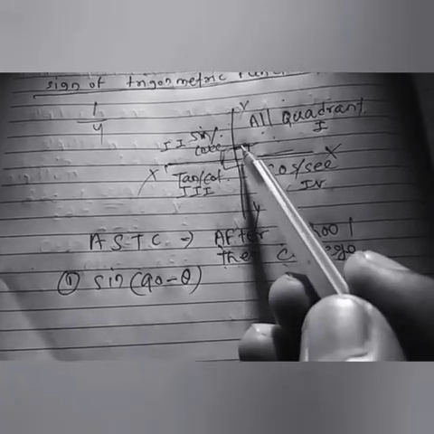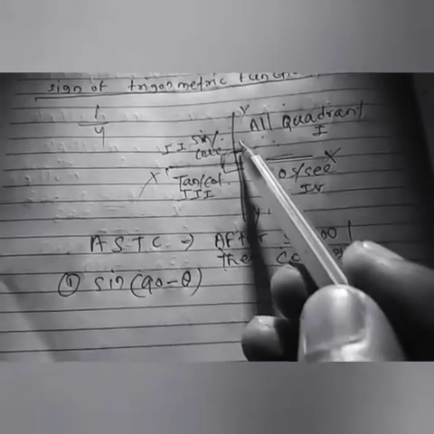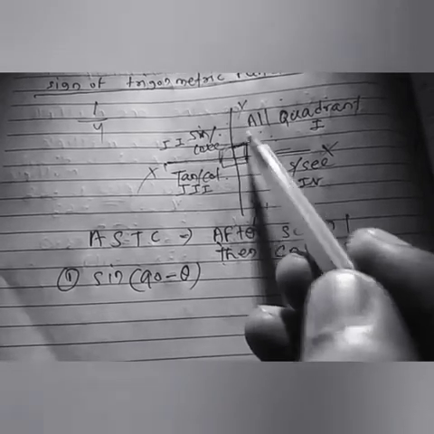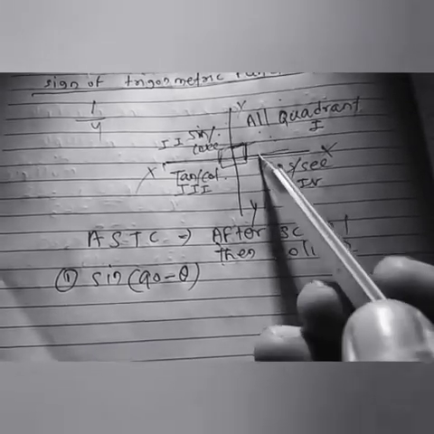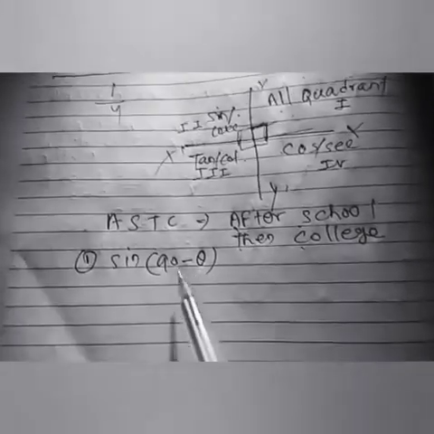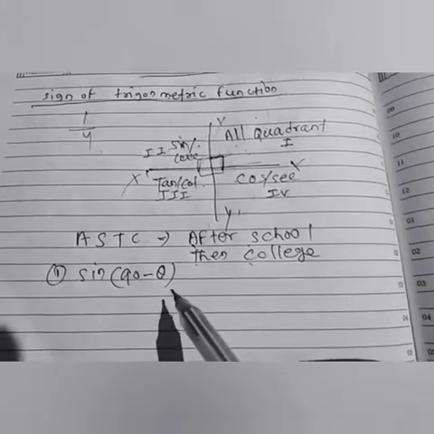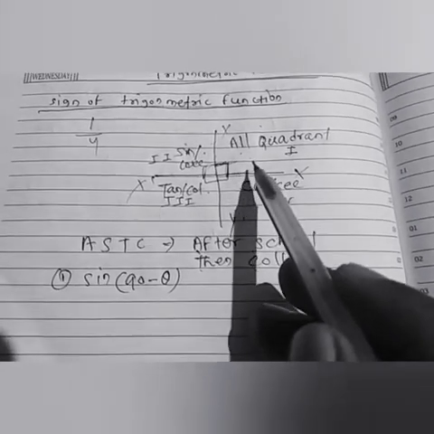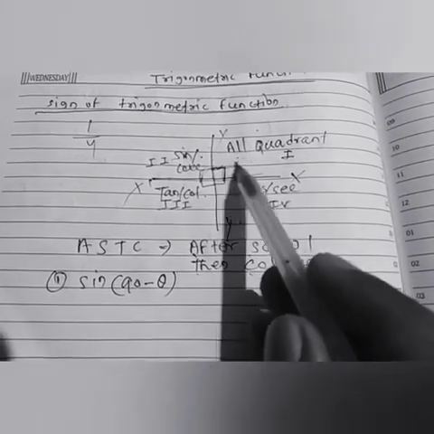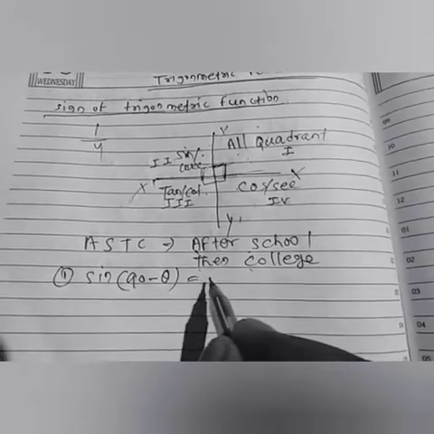When we subtract any angle theta, let the angle be 10, 90 minus 10 means 80, and 80 is in the first quadrant. So we have to solve which quadrant 90 minus theta falls in. That is the first quadrant. First quadrant means all are positive, so sine is positive.